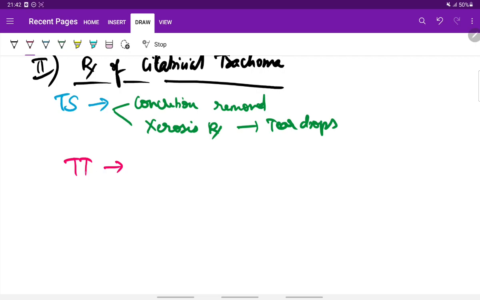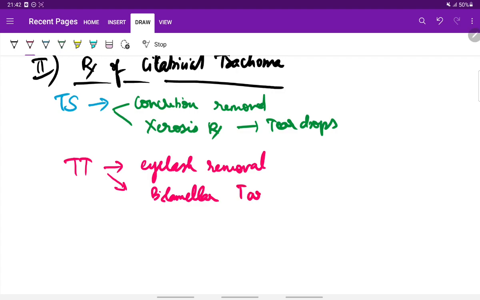For trachomatous trichiasis stage, we perform eyelash removal permanently by using many methods like electrolysis, cryolysis, or radiofrequency epilation, and we can also perform bilamellar tarsal resection, which is the procedure of choice for multiple misdirected eyelashes.